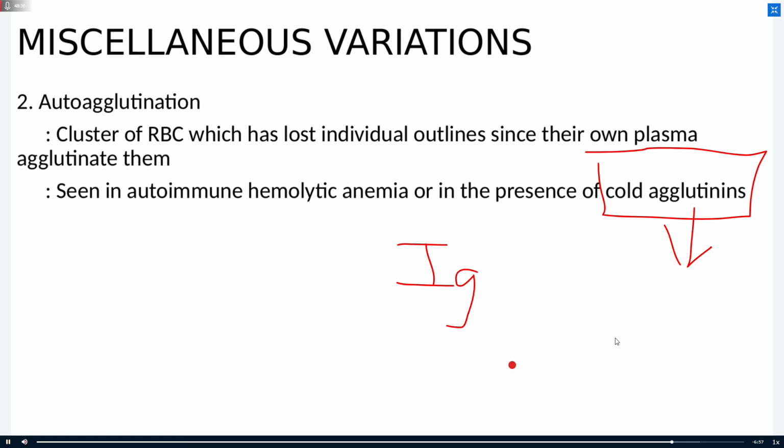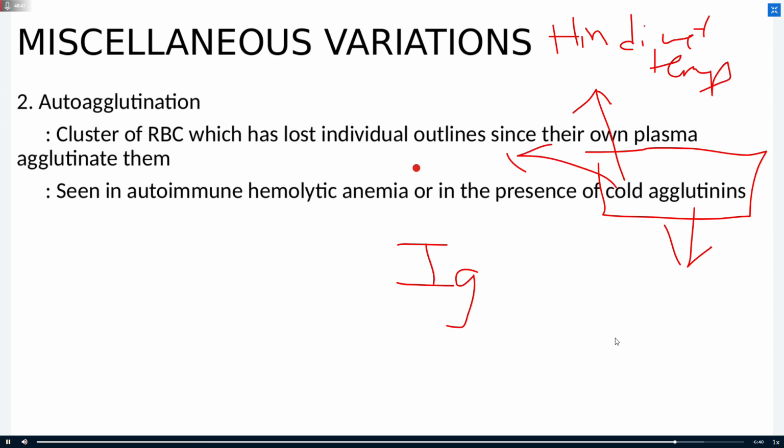IG what? Plus, this does not refer, hindi yan refrigerator temp ha. Hindi yan ref temp. Baka iniisip yung ref temp yan. Ang cold meaning yan, class, would refer to your room temp. So that would be your IgM.